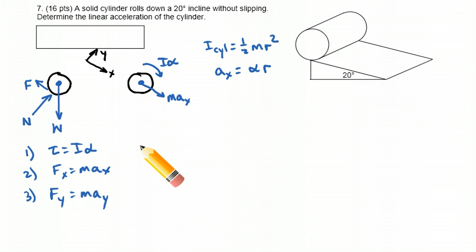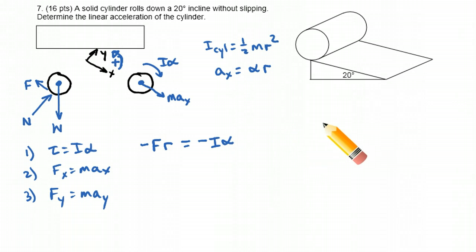If we do as we normally do and use counterclockwise as positive, so I'll draw that up here with my coordinate system to remind myself that counterclockwise is positive, this equation will become minus F times R because it's a clockwise rotation, and my I alpha is going to be negative based on how I've drawn it.